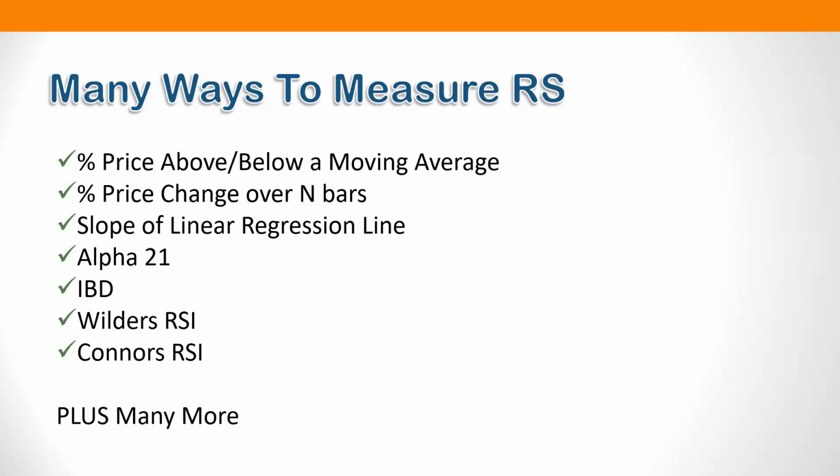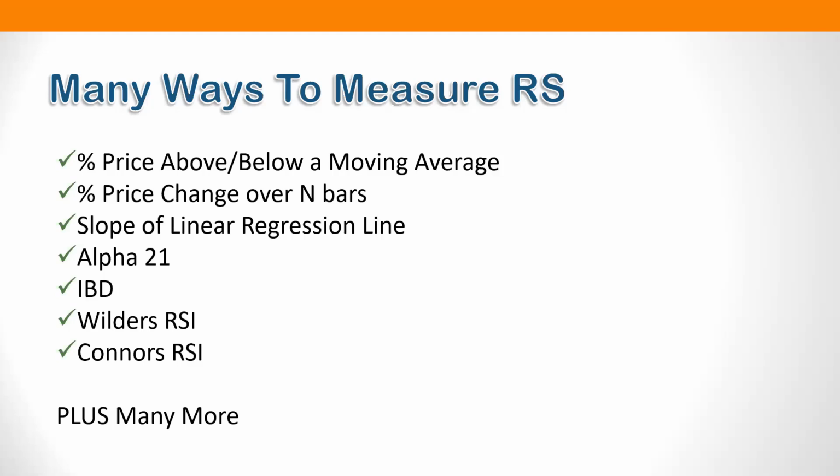Wilder's RSI is more of an oscillator, so is Connor's RSI. Wilder's RSI gives, in theory, overbought, oversold readings. But all of these formulas end up outputting a value, and that value you can then use to rank and compare stocks. So that is essentially a quick relative strength overview.